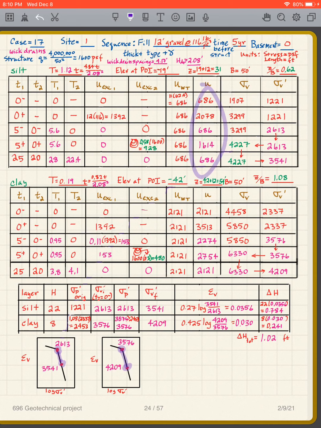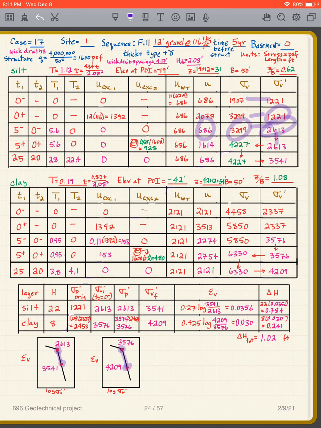You can also get the U water table. Adding those three pore pressures together, we get these U's. The sigma V, we've calculated that already, and those don't change. So we can get our sigma V primes, and this has got to be the same. And that minus that gives me that.